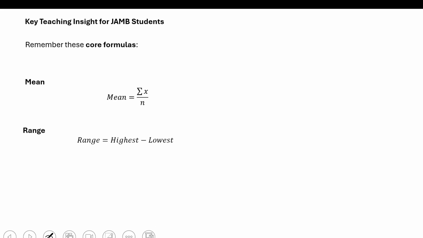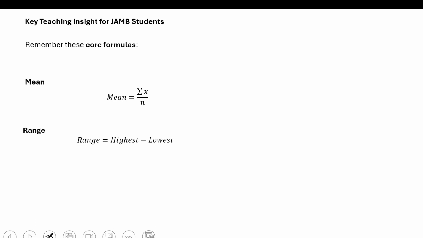So what are the key insights for JAMB students? The mean is defined by the formula sigma x over n, where x is the list of the distribution. Sigma is the summation of all the distribution over the number of the distribution. Another formula is range.